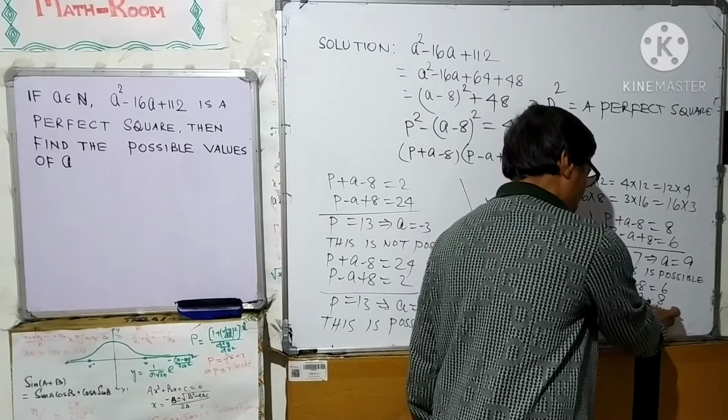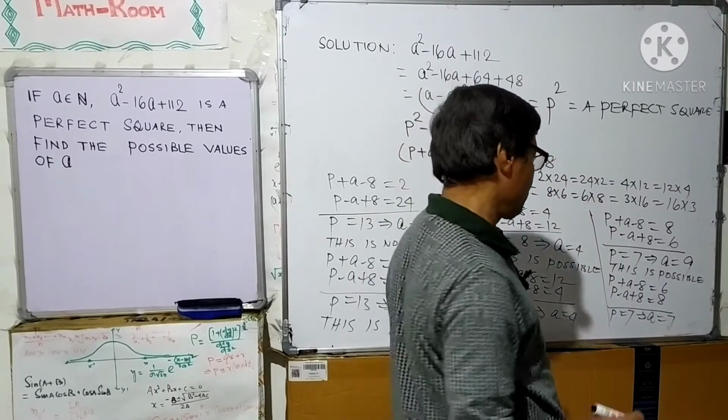This a equal to 7 is also a natural number, so this is possible.